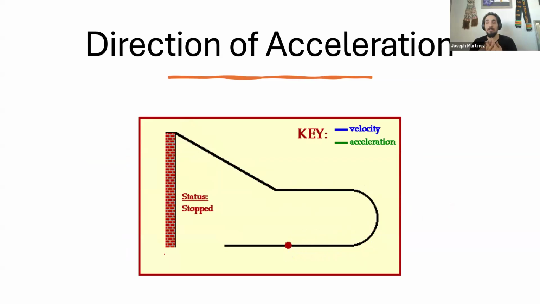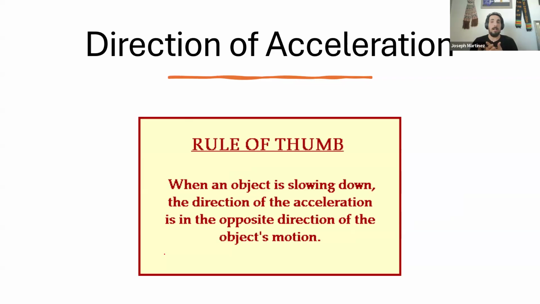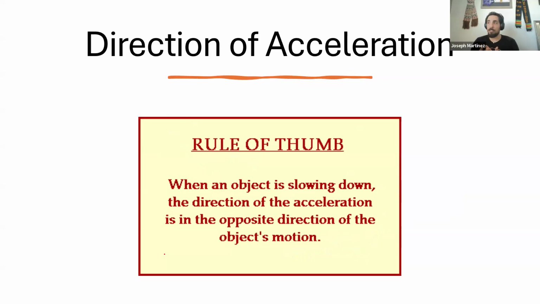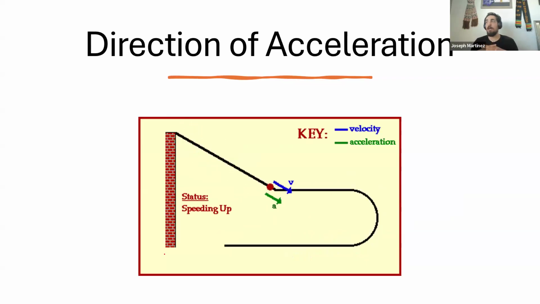It's moving faster. And that velocity is always in the direction that the object is traveling in. The acceleration, however, might be differing in direction depending on which part we're looking at. At the beginning, where the acceleration and the velocity are pointed in the same direction, we see that the object is speeding up. So right here, we see the object speeding up.